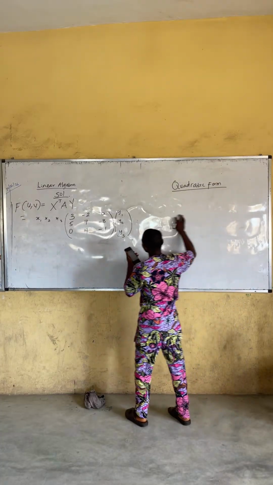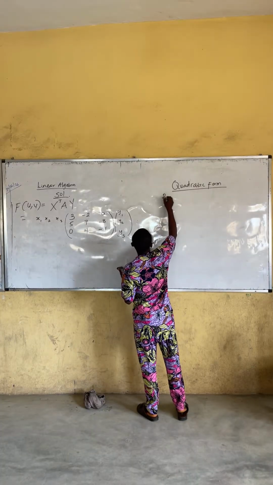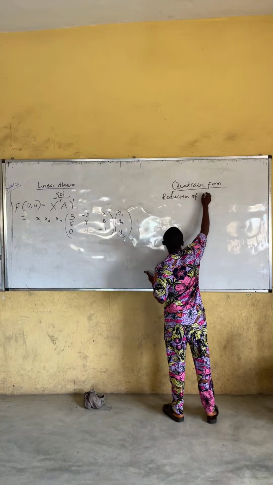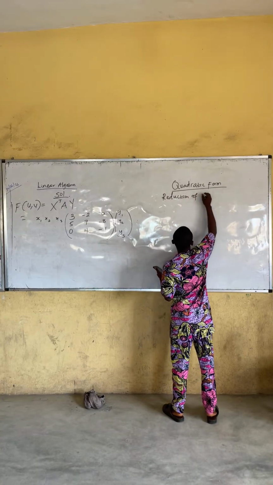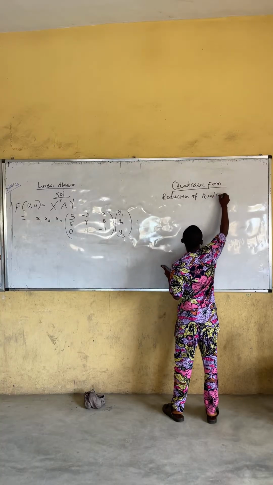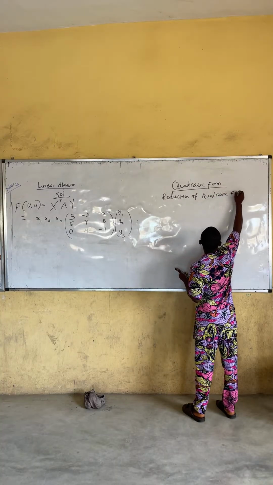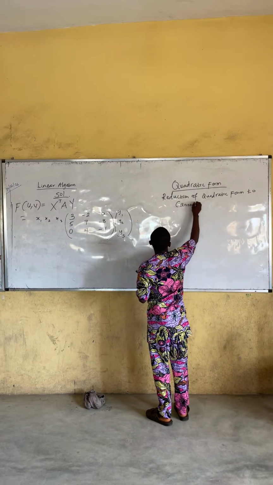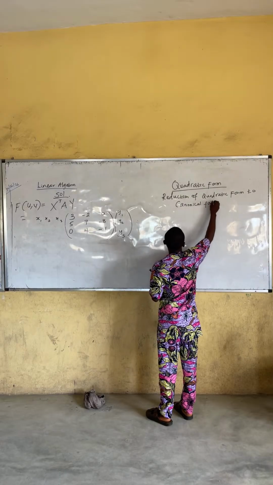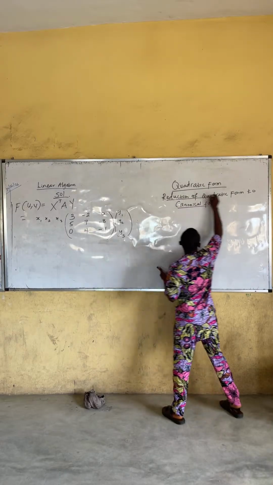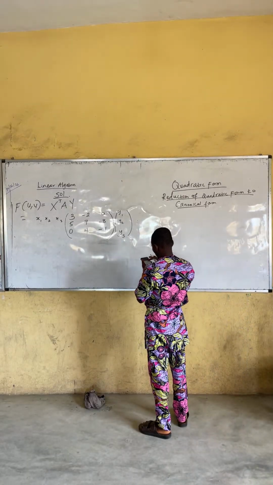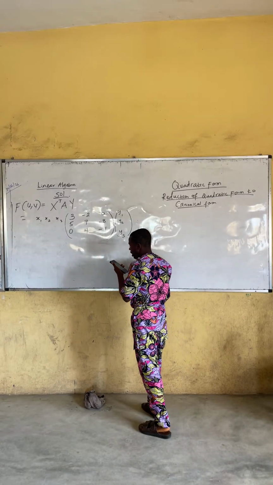Reduction of quadratic form to canonical form. Because of time. Example.